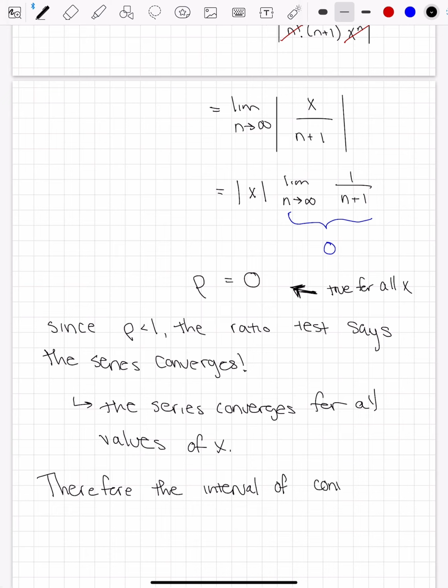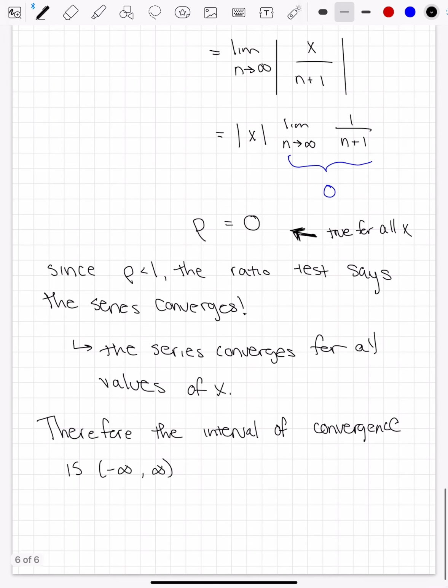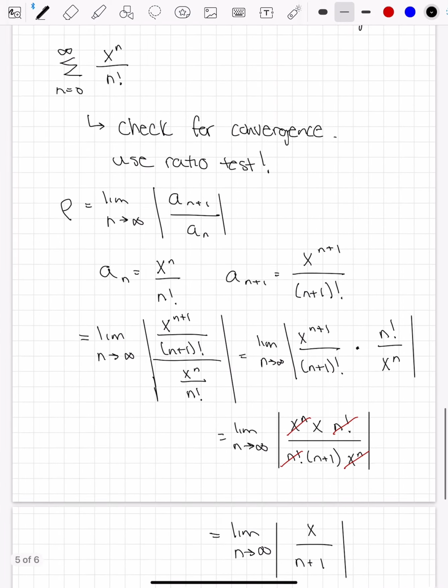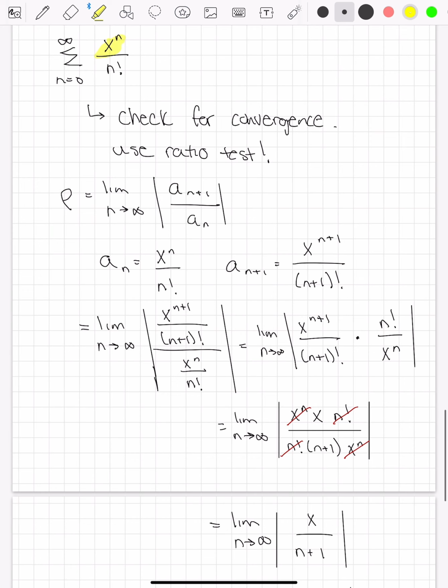So that means that the center of this series is 0 and its radius is infinity because it goes infinity out to the right and infinity out to the left to negative infinity. So the radius of convergence is R equals infinity. And if we look at the formula for our series, we see that the center is 0.